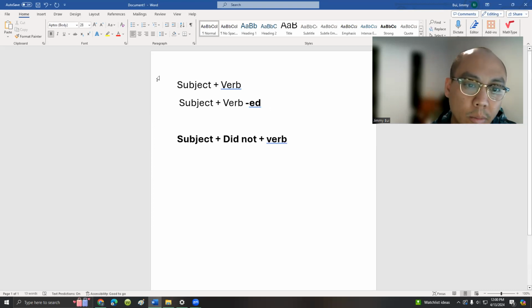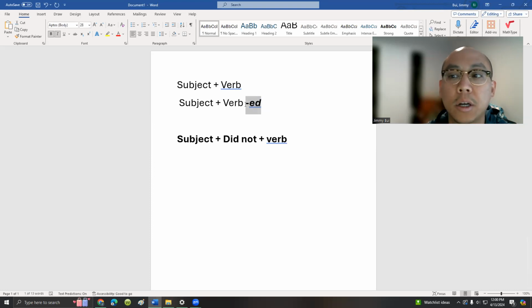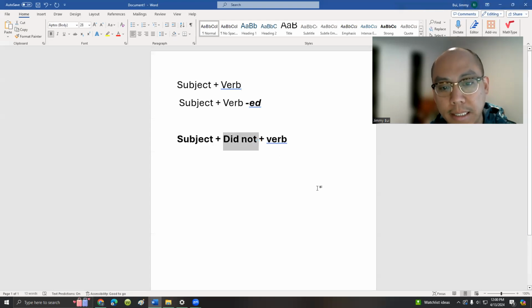Okay, so looking at the difference of the two, notice here in affirmative or positive statements, we add ed to the verb, and in negative statements, we do not add ed. The reason why is because did not is already past tense. Okay, so we don't have to repeat and add ed here for a verb.